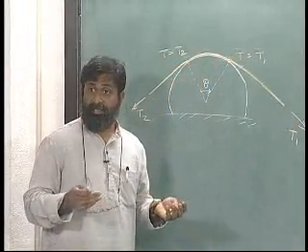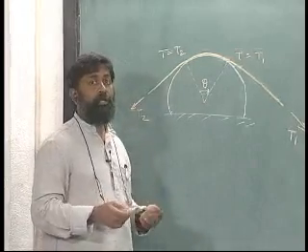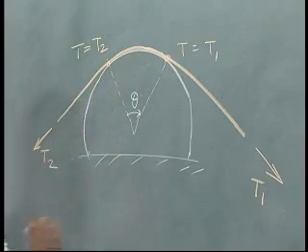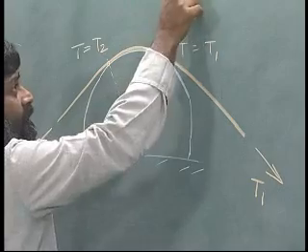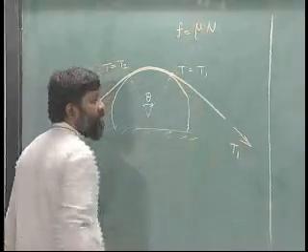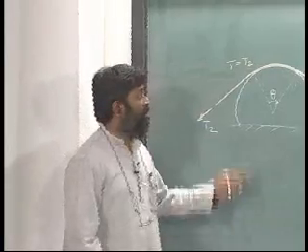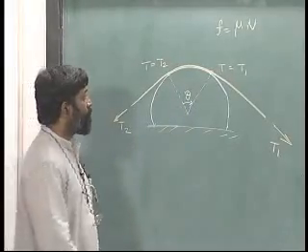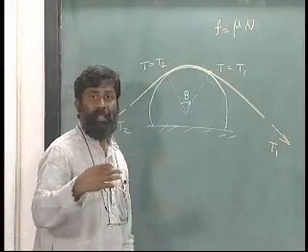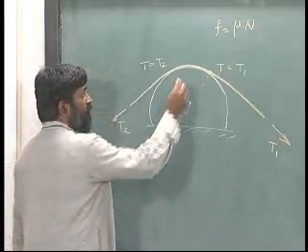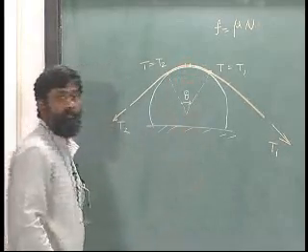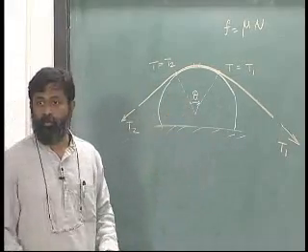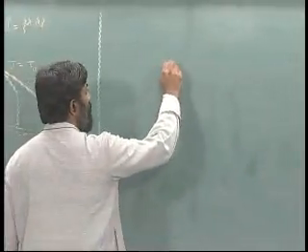So, in a static case I will not be able to find out, but in a case when there is impending motion, it is possible for me to use the fact that the frictional force is related to the normal force by this relationship, mu times N. I should be able to solve this problem for the relationship. Okay. For that, what should I do? Like what we have done in the earlier cases, we have to examine a small portion of this particular belt for equilibrium. And that is basically what I am going to do in the next couple of minutes.